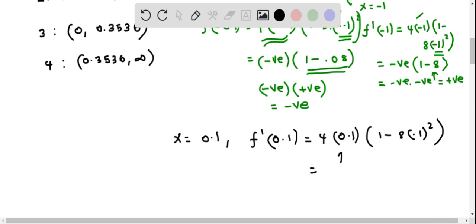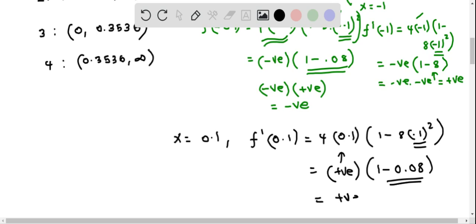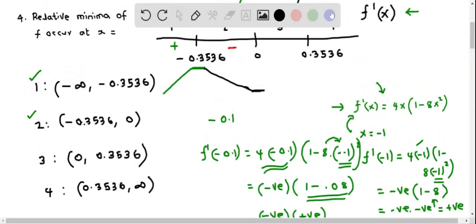Once again, this is a positive quantity, and 8 times 0.01 is 0.08, so we have 1 minus 0.08, which is positive. Positive times positive is a positive number. So in this interval, the first derivative is positive, so we mark positive here and indicate the function as increasing like this. And when it reaches 0.3536, it becomes flat.